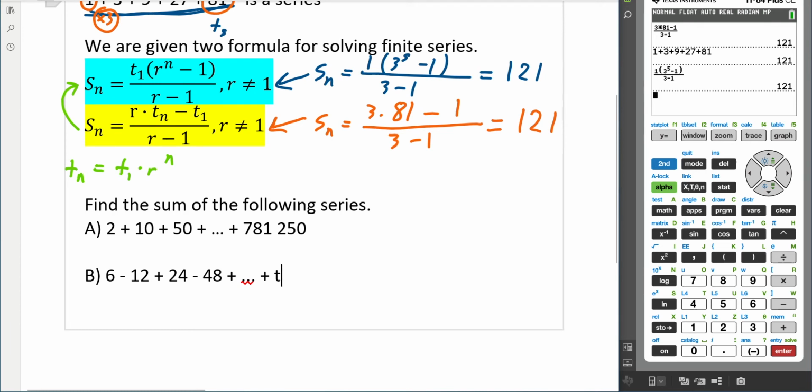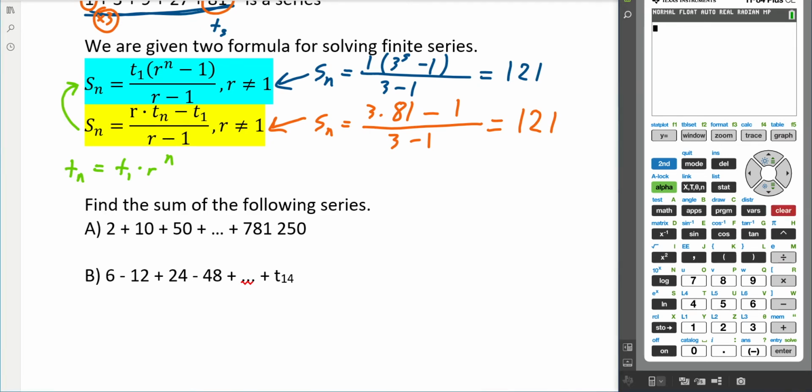Let's go with T14 and make that a subscript. There you go. So that should work out, right? Okay. So we have these two different series, and go ahead and try to solve both of them. Press pause when you're ready, and I will try it out right after.